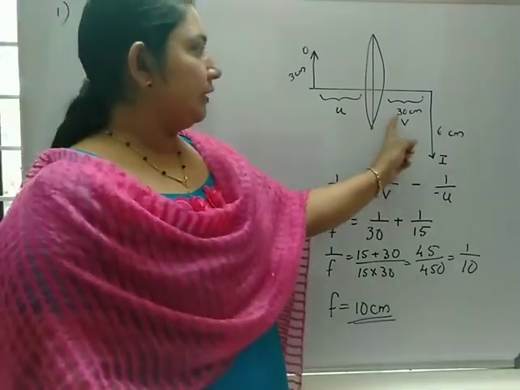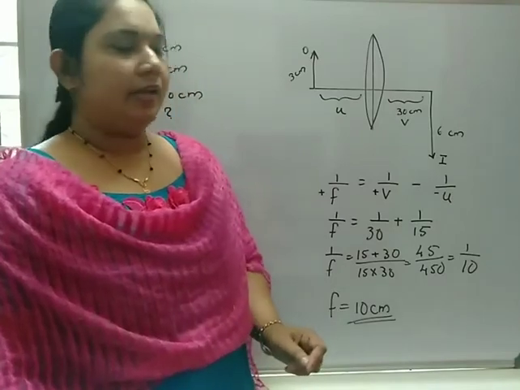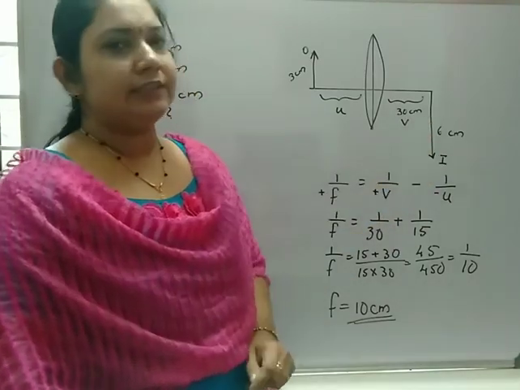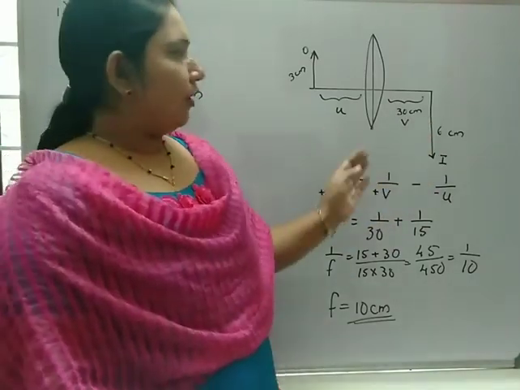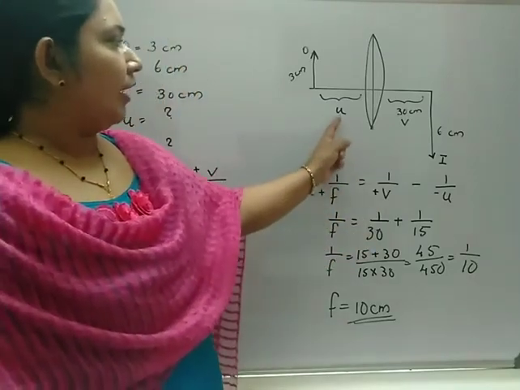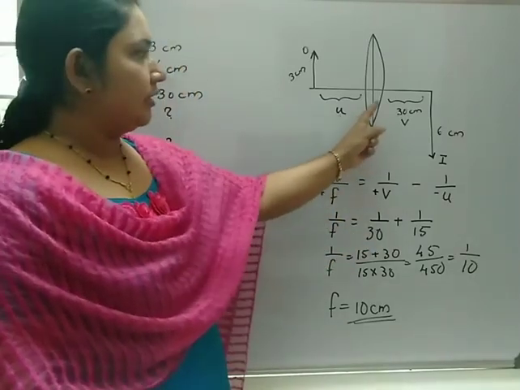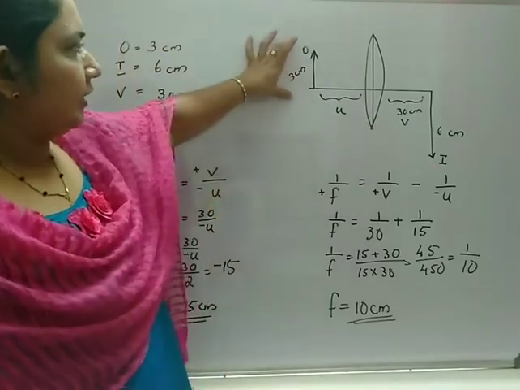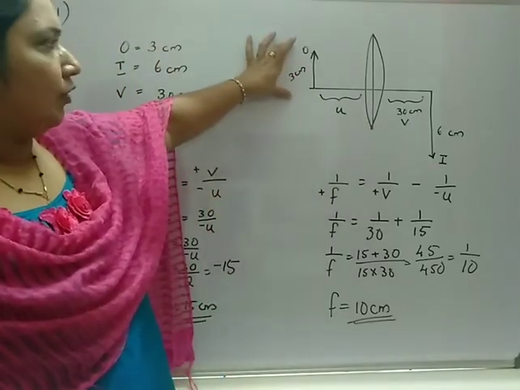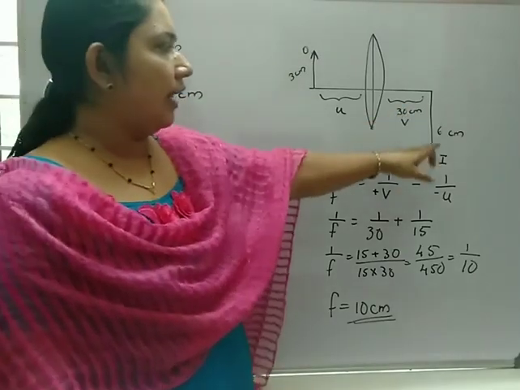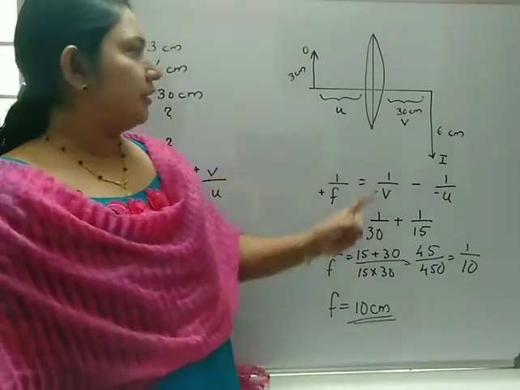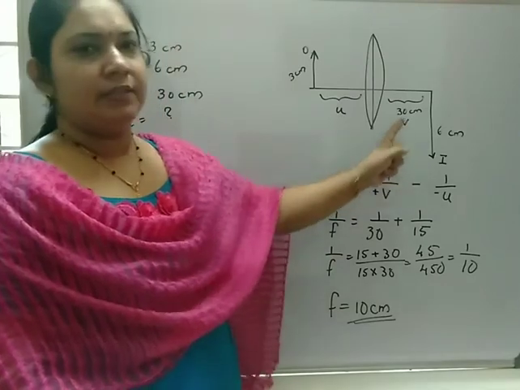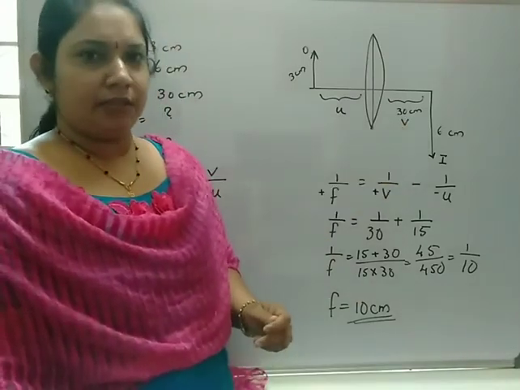So the distance is 30 centimeter and the height of the image is given as 6 centimeter. From here we have to find u, that is the distance between the lens and the object, and this is the height of the object. O is 3 centimeter, I is 6 centimeter. The distance between the lens and the image is given by v, that is 30 centimeter.